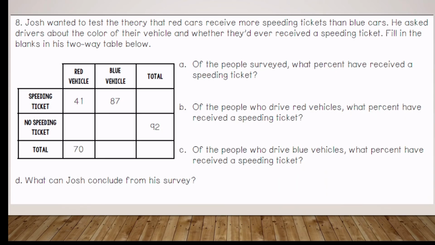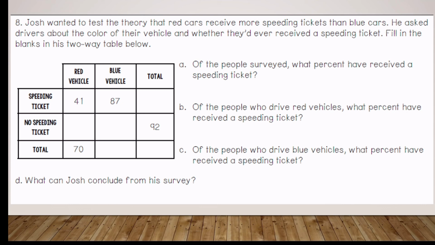Okay, so let's look at number 8. I want you to fill in this two-way table now, and then I will help you answer some of these questions. Okay. Josh was testing his theory that red cars get more speeding tickets.